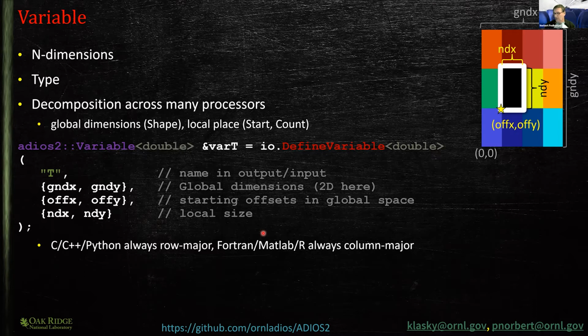So if you couple a Fortran code with a C++ code or a Python code, then ADIOS takes care of flipping the dimensions, and XYZ Fortran array dimensions look like ZYX in the Python or C++ code, and you don't need to worry about it. This is just how it is.